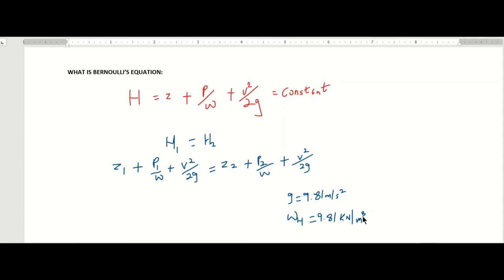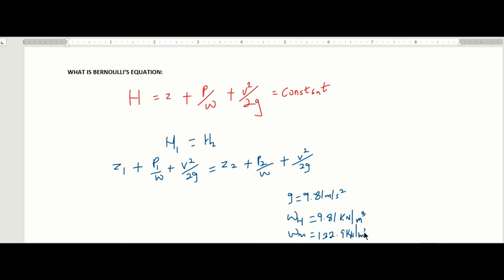And also the specific weight of mercury is equal to 132.9 kilonewton per meter cube.